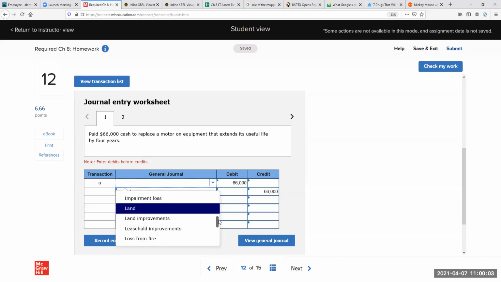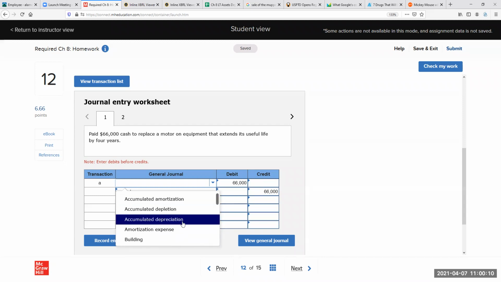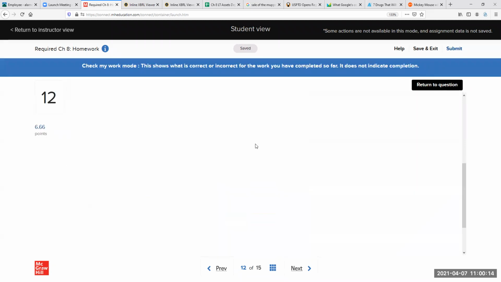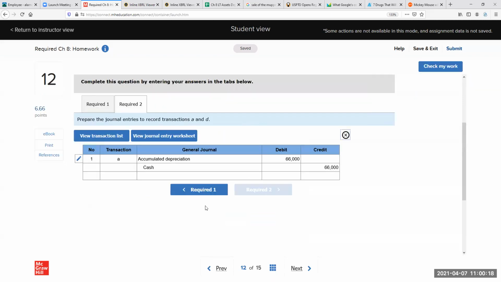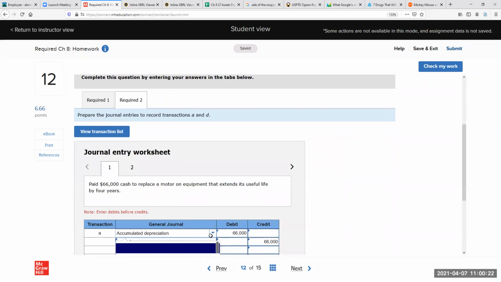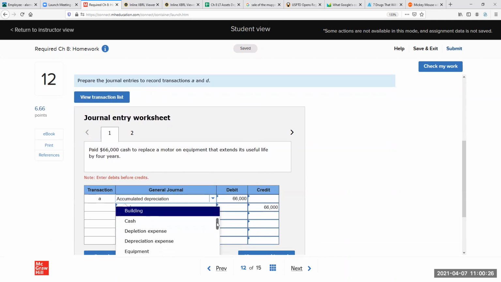So it's going to extend it, right? So let's see what happens. Okay. I thought I was looking for equipment, but I couldn't see anything.